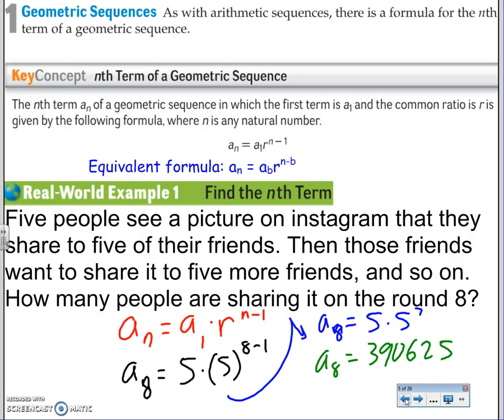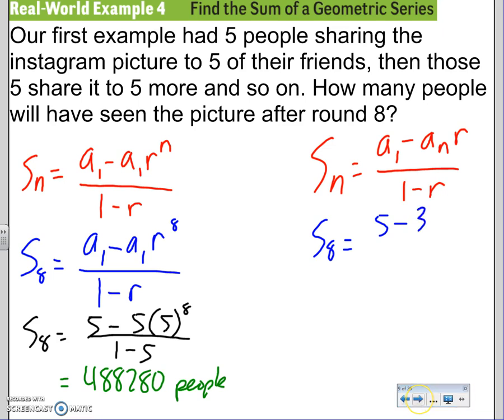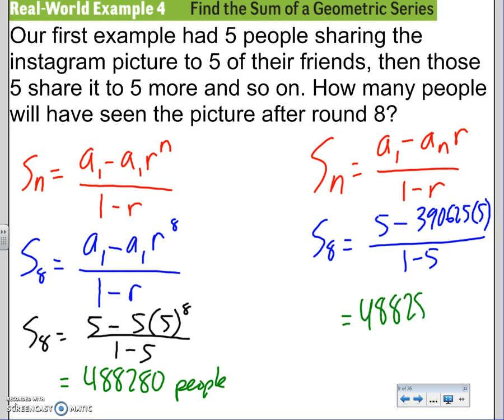Is this number 390,625? 390,625 times r over 1 minus r. See what happens. I typed it in the calculator and I get the same answer, 488,280 people. Again, the formulas are exactly the same. It's just which one do you want to use? Do you want to find the last term, a sub n, or do you just want to keep it a sub 1 times r to the n power?